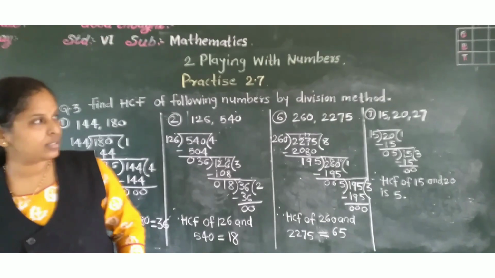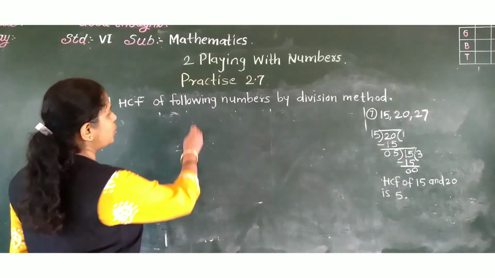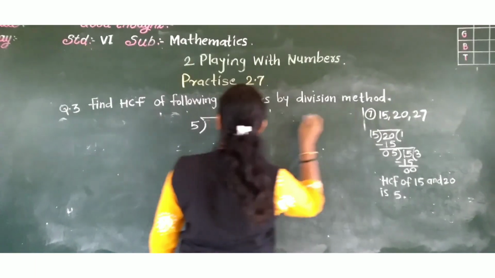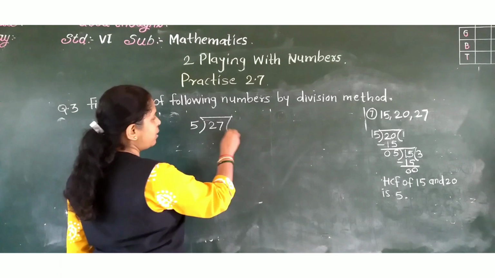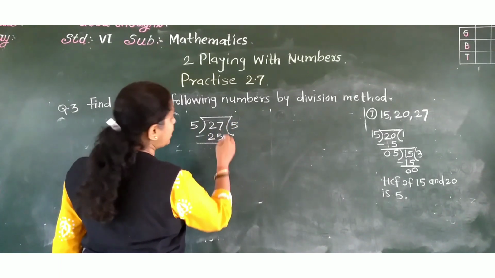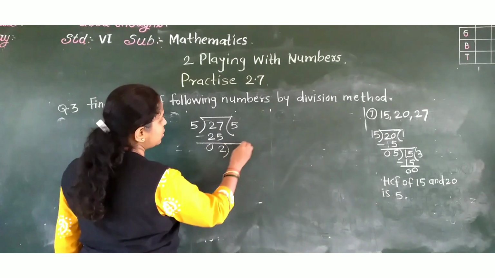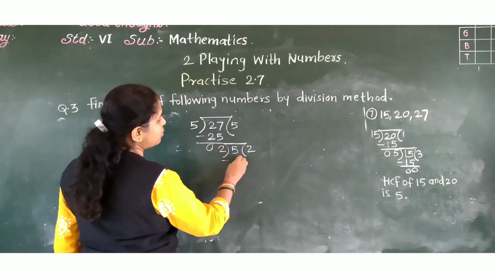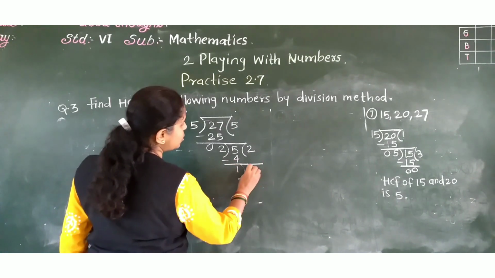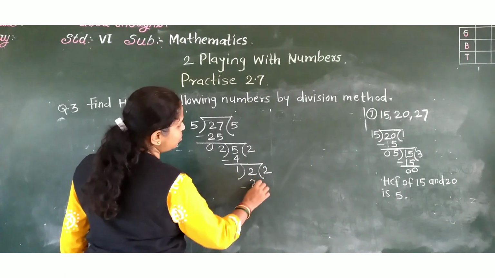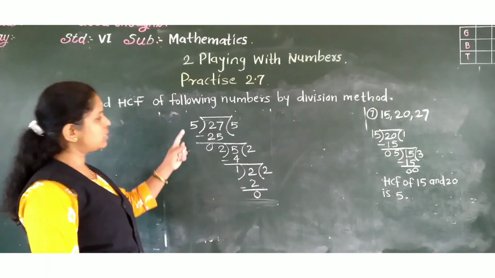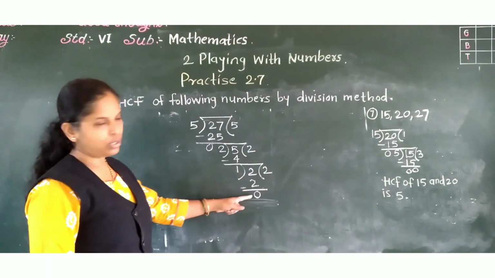Now, this HCF and 27 we have to divide. So, how to do here? See, I will show you here. Now, take 5 and last number is what? 27. 27 we have to divide by 5. 5 5s are 25. Okay, 7 minus 5, 2. 5. 2 2s are 4. 1. And with 1 divide this 2. 1 2s are 2. Got it? See, because of 1 we got 0.